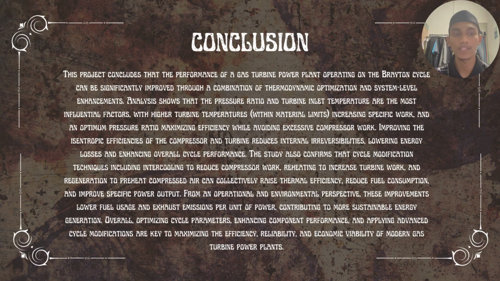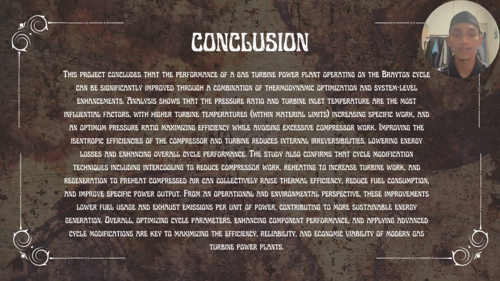Analysis shows that the pressure ratio and turbine inlet temperature are the most influential factors, with higher turbine temperature, within material limits, increasing specific work and an optimum pressure ratio maximizing efficiency while avoiding excessive compressor work. Improving the isentropic efficiencies of the compressor and turbine reduces internal irreversibility, lowering energy losses and enhancing the overall cycle's performance.